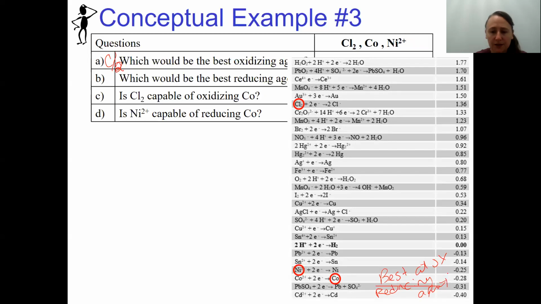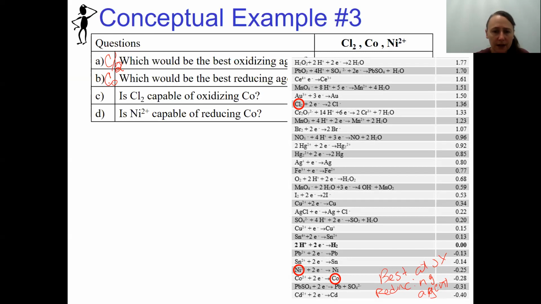Understanding your table and how it's set up is key to helping you understand some of the conceptual questions. So cobalt would be the best reducing agent.